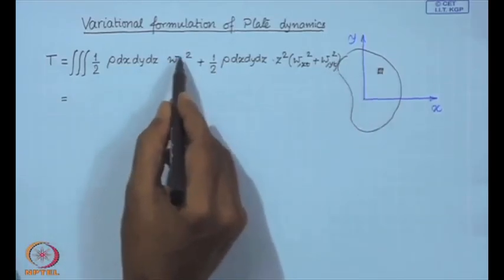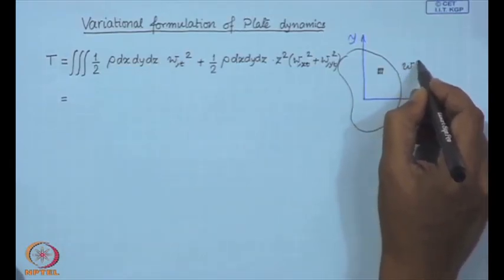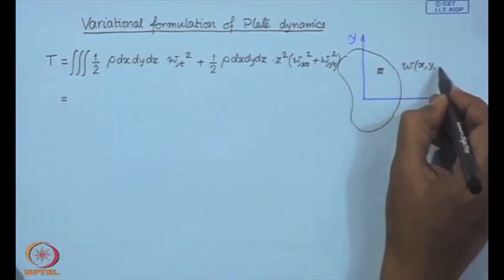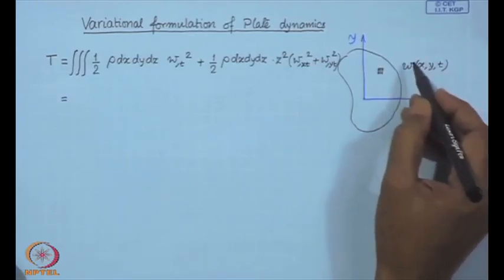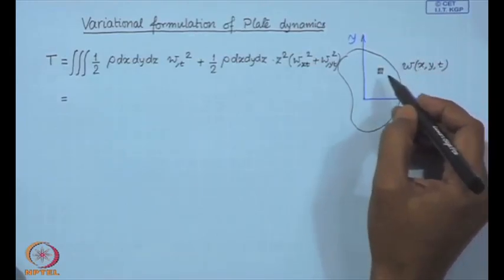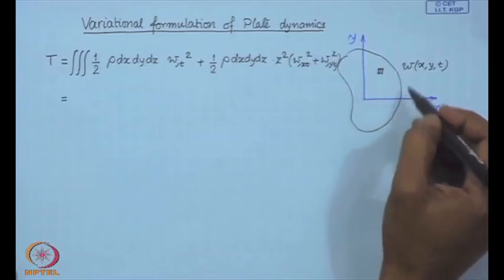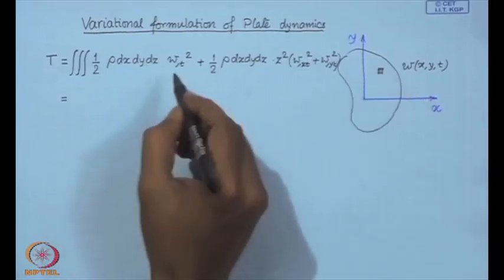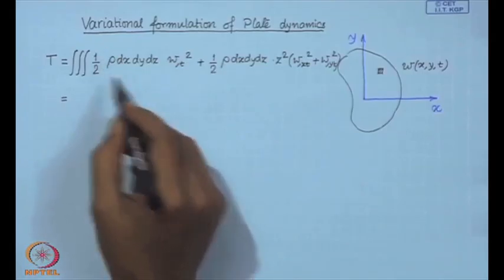Now, since this field variable tracks the transverse displacement of the neutral plane of the plate, it is independent of z, and the density is uniform.